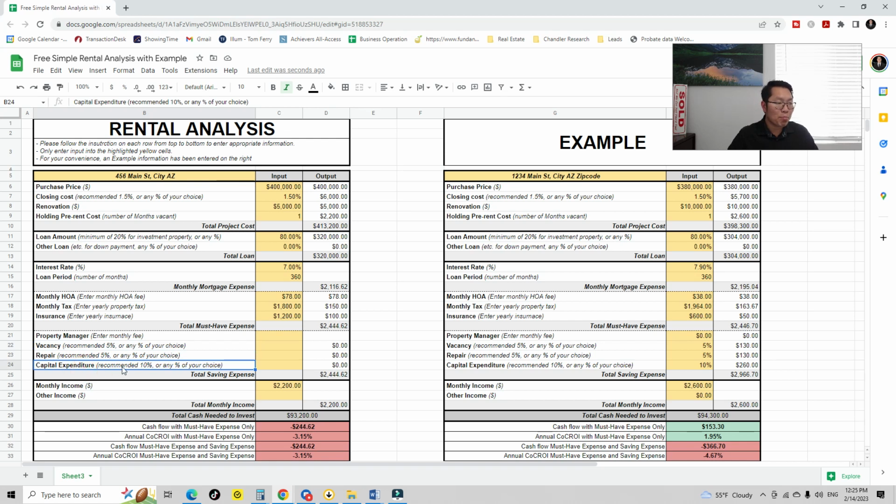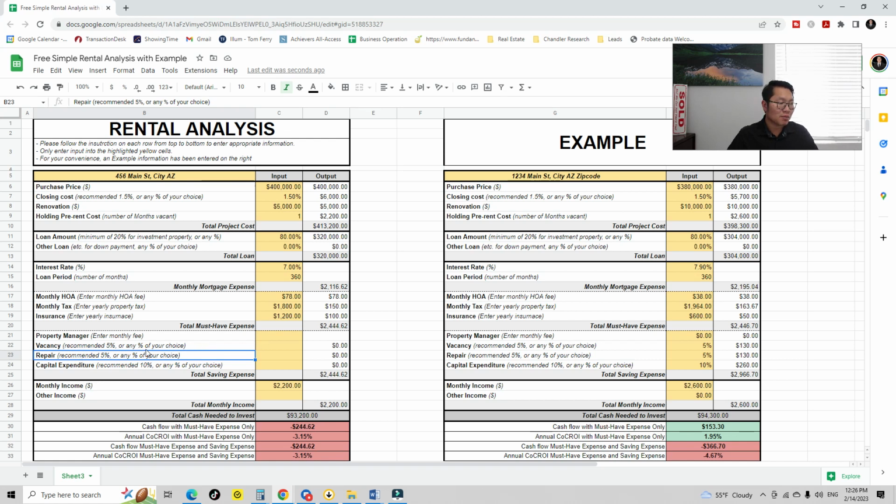These are the big repairs, for example, the roof, the foundation, something major happening to the house. This is repair for something small like a leak, a broken tile, things that are very small.